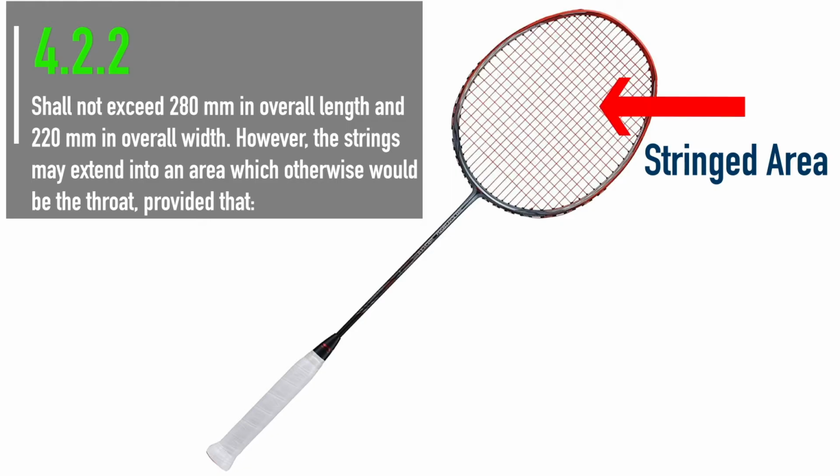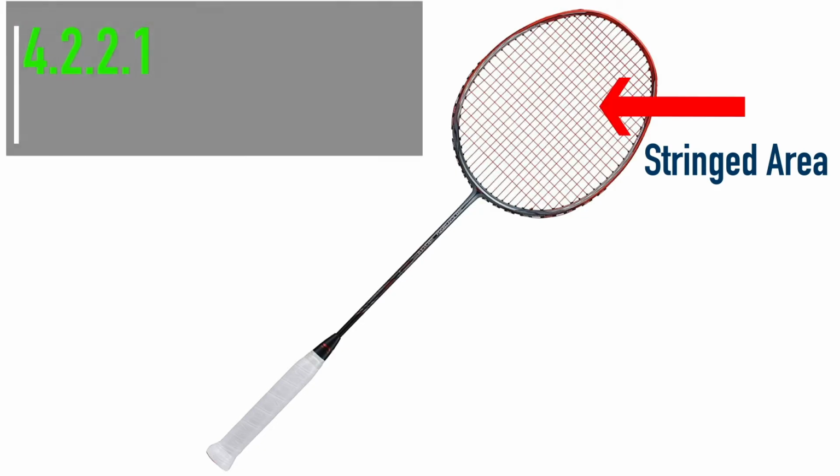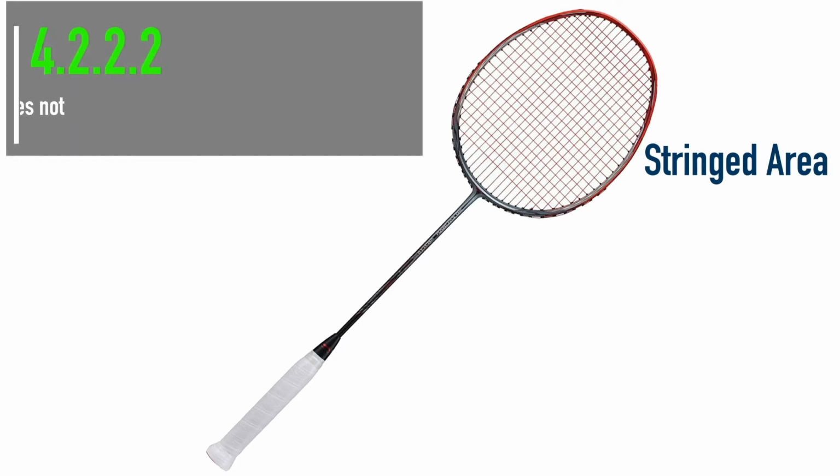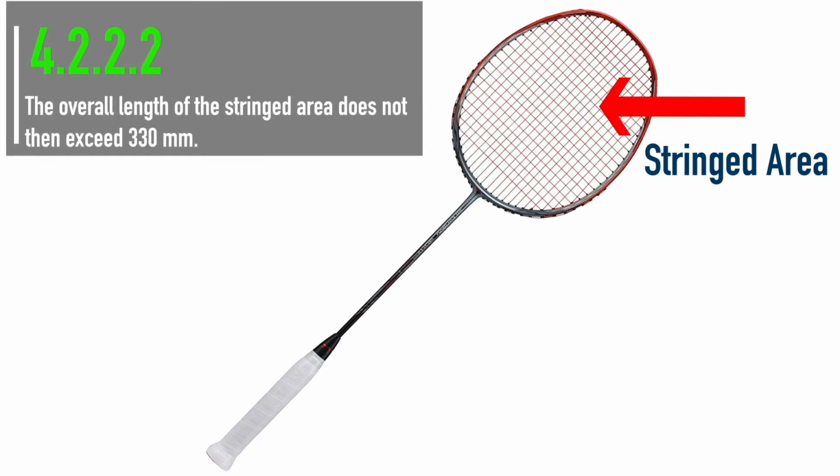However, the strings may extend into an area which otherwise would be the throat, provided that the width of the extended stringed area does not exceed 35 millimeters. The overall length of the stringed area does not then exceed 330 millimeters.